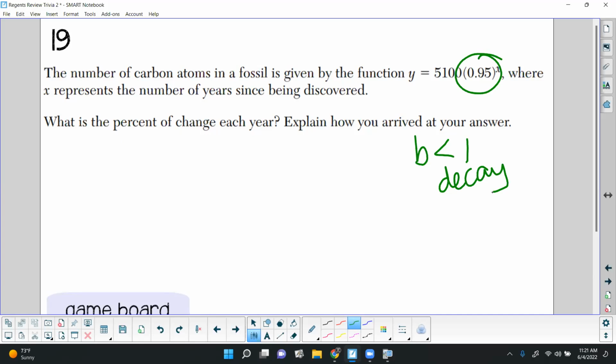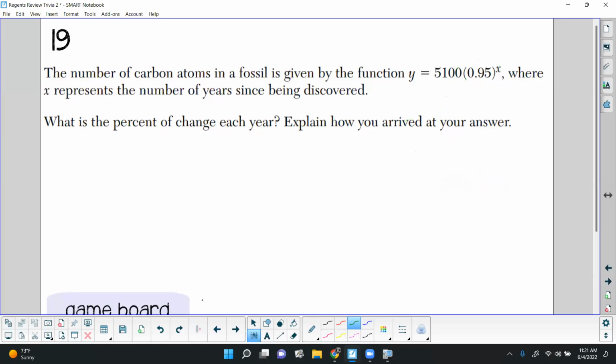So I'm not decaying at 95%. I have 95%. What am I missing? So hopefully that makes sense to you, that this is how much you have left. You have 95% left.